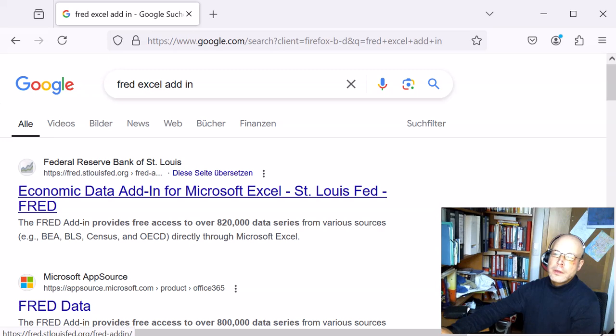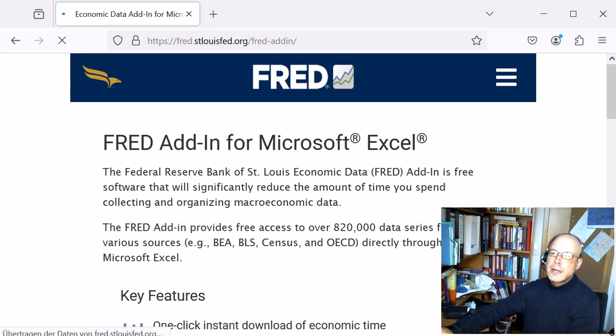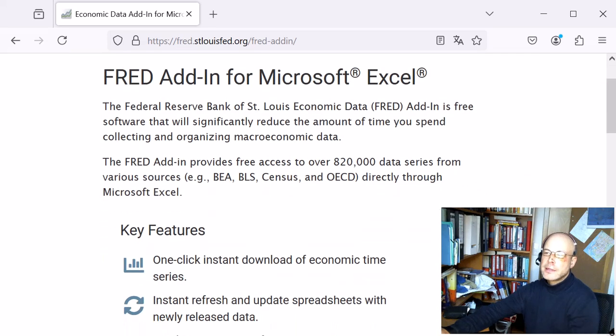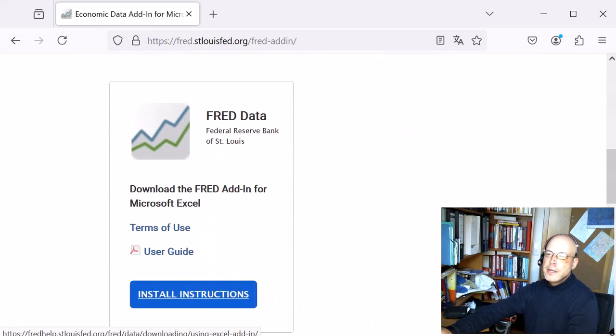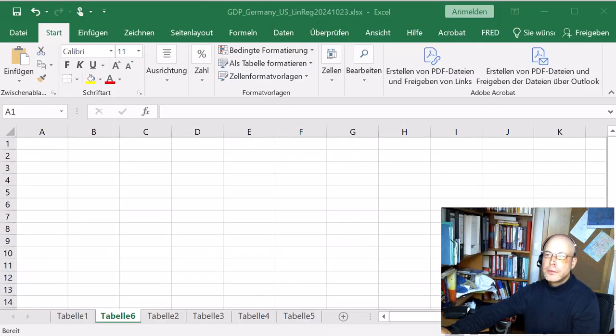If you go there, then you have also an Excel plugin so that you can directly download the data within Excel. And if you go through these explanations here, then you can implement this plugin into your Excel program. And this, of course, I have already done.